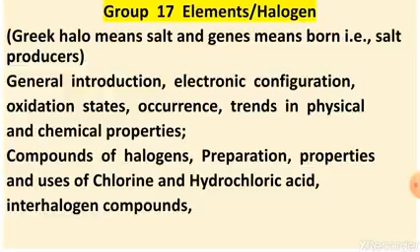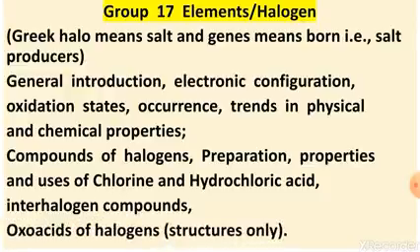Then you have to know about the interhalogen compounds, that means the compounds formed between two halogens. Then you have to know about the oxo acids of halogens. Here only the structures are required. So these are the topics which you have to know in group 17 elements.